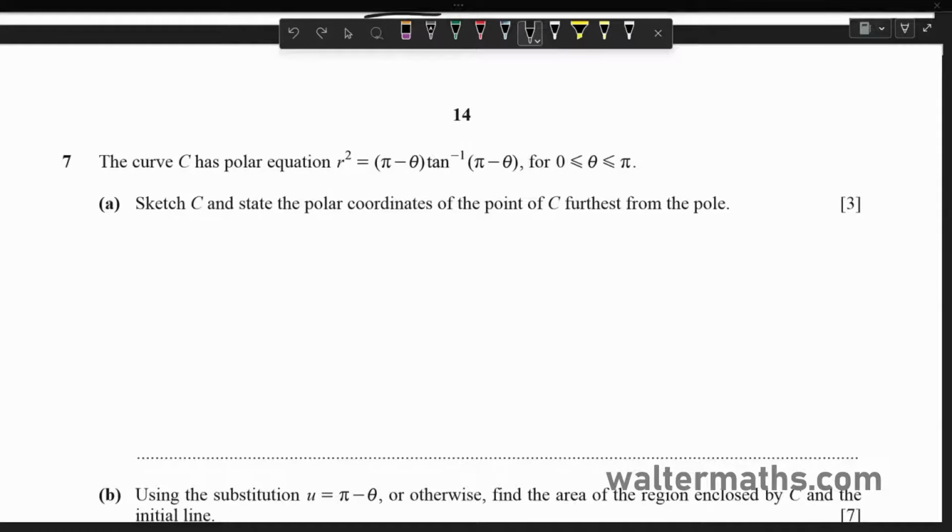So on question number 7, it says the curve C has polar equation r squared is equal to (pi minus theta) arctan of (pi minus theta), for values of theta ranging between 0 and pi. So on part A, sketch C and state the polar coordinates of the point of C furthest from the pole.